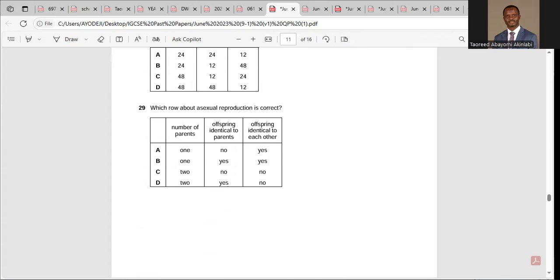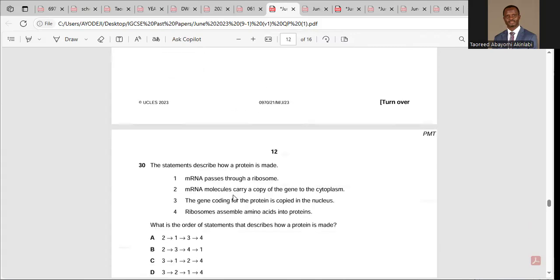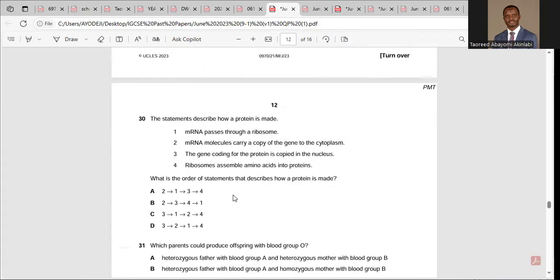For question 29, the correct option there is option B. It's not necessarily identical, but it can also be identical. That means the number of parents is 1, offspring will be identical to the parent, and offspring will be identical to each other.